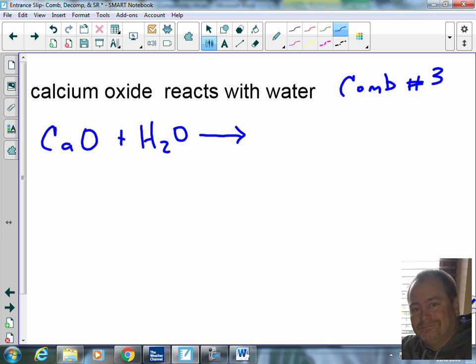Well, my metal hydroxide is going to be calcium hydroxide. So Ca is a 2 plus, hydroxide is a 1 minus, so it's going to yield Ca(OH)2. I go back through and I look. Do I have a balanced chemical equation? Yes, I do.